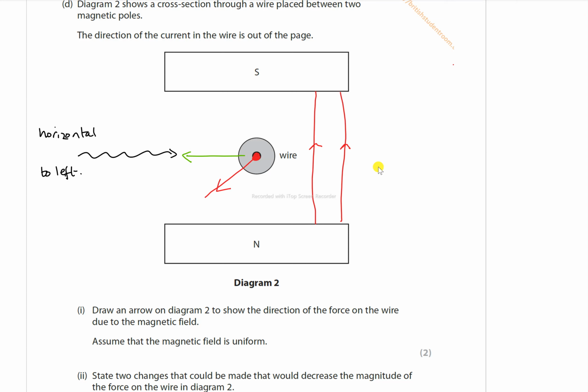Mother is the thumb, the first finger is father, which is the field, and the second finger is the child, which is the current.